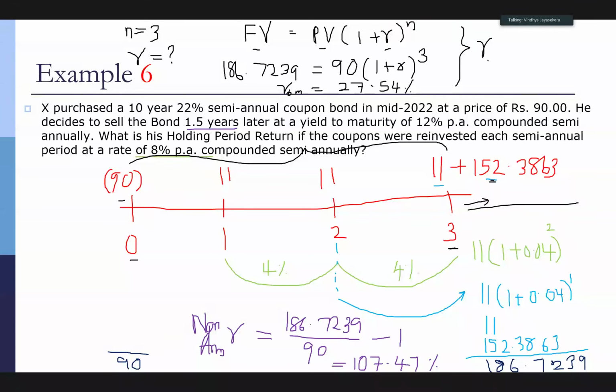What is your holding period return? 27.54% is for 6 months. For 1 year, it is 55.08. So you have made an annualized return of 55%, or over the period, you've made 107% return. Over the 1.5 years, you've made 107% return.